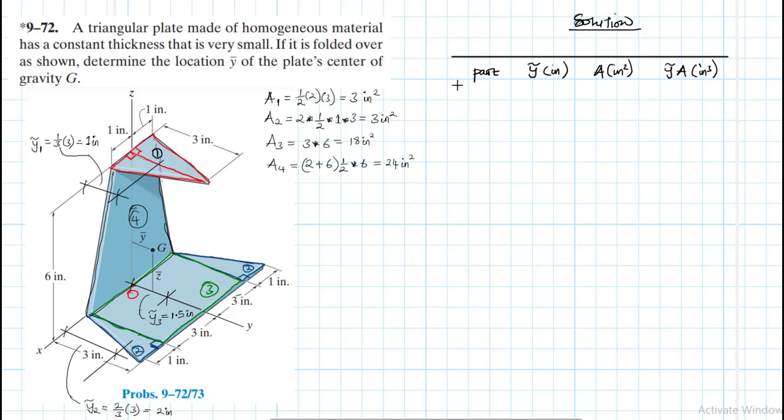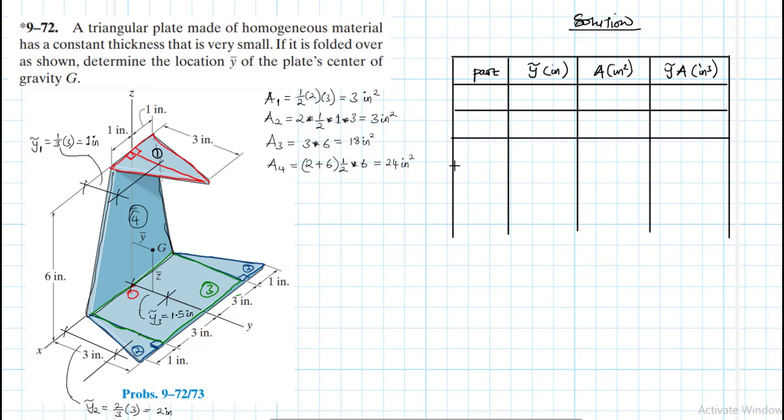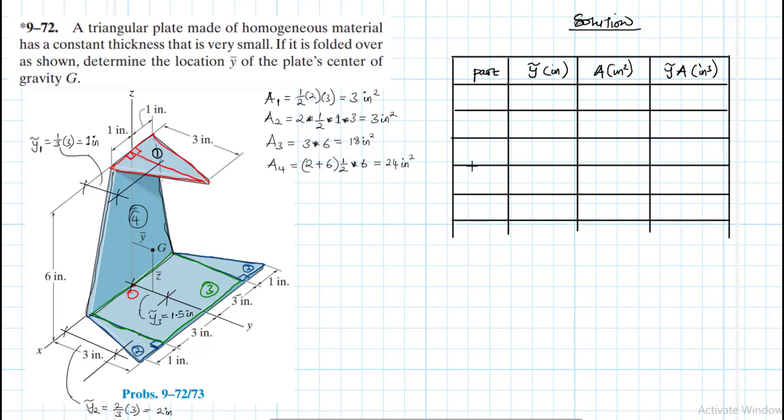We require 4 rows, plus one for the summation.